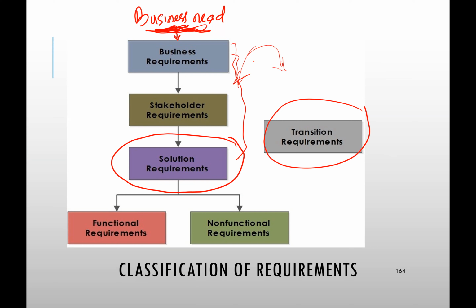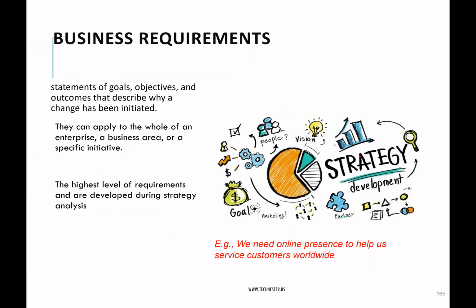So we'll talk about each of these types of requirements in detail today. Let's start with business requirements. Remember I said the business need has the problem and the goals and objectives. So your business requirement is a statement of goals, objectives and outcomes that describe why a change has been initiated.